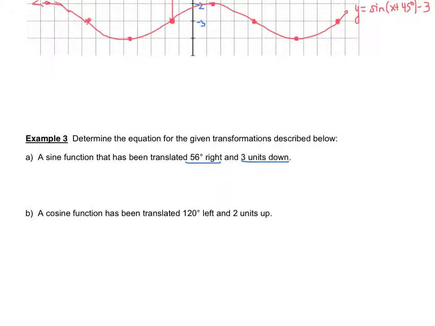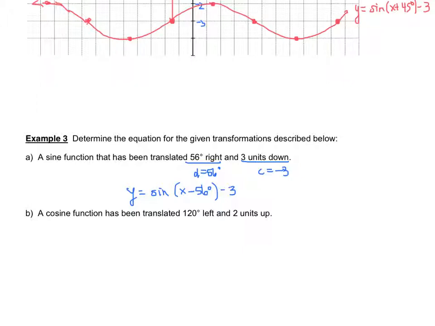So 56 degrees to the right tells us that d equals 56 degrees, and 3 units down tells us that c equals negative 3. So in our equation, in brackets, we would have x minus 56 degrees, and after the brackets we would have minus 3. So y equals sine x minus 56 degrees minus 3.